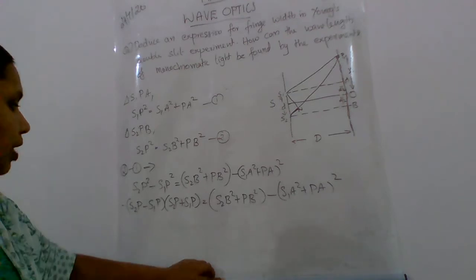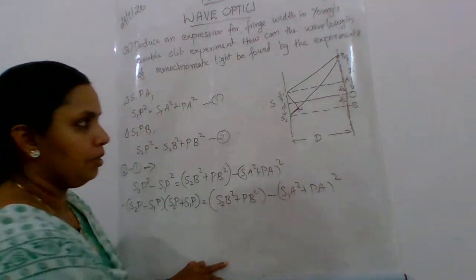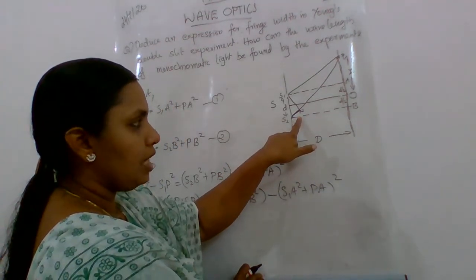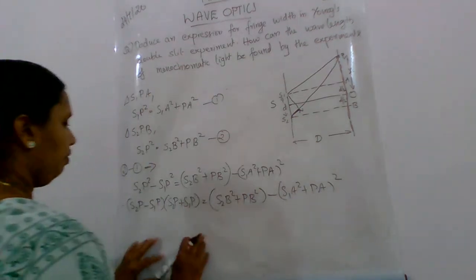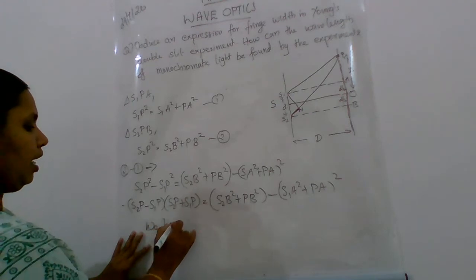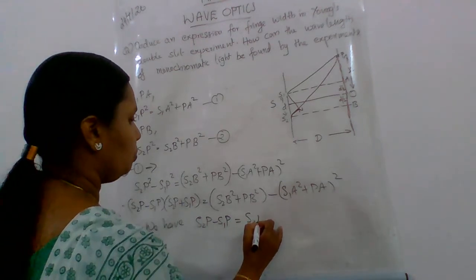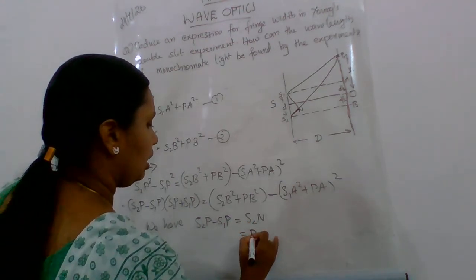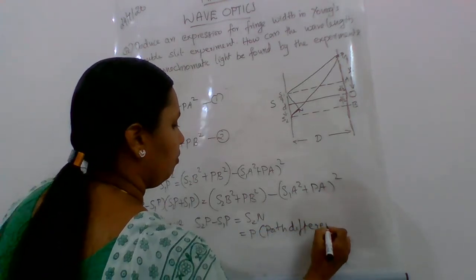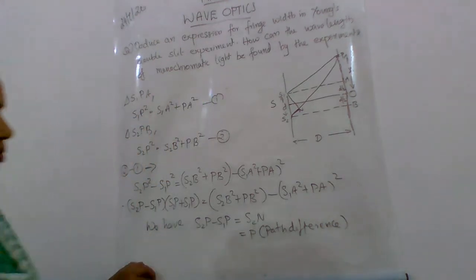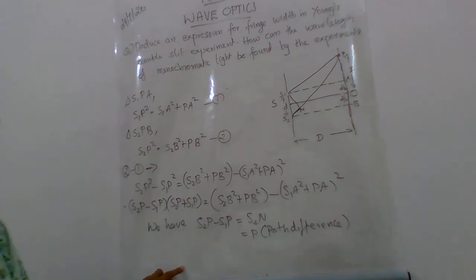And what is this S2P minus S1P? That difference is S2N. We have S2P minus S1P is equal to S2N, which is equal to p. What is that p? It is the path difference between the two wavelets from S1 and S2.